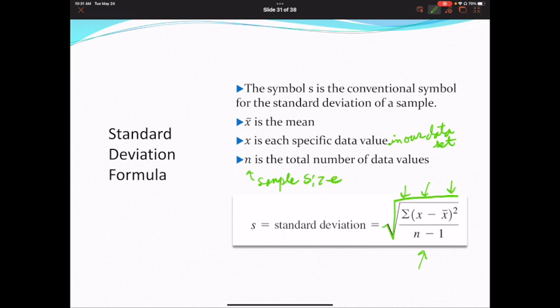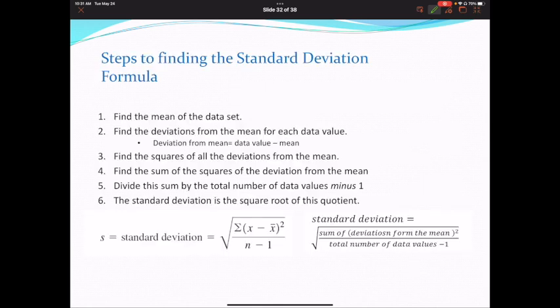So let me walk us through the steps to finding the standard deviation. First thing we need to do is find the mean of our data set. We need that x bar. Then we find the deviations from our mean. So we take each data value minus the mean.